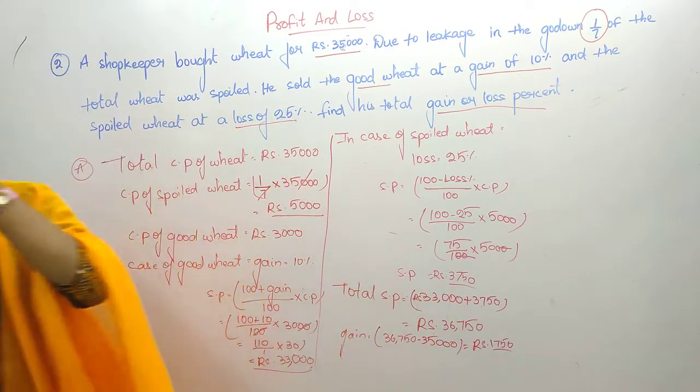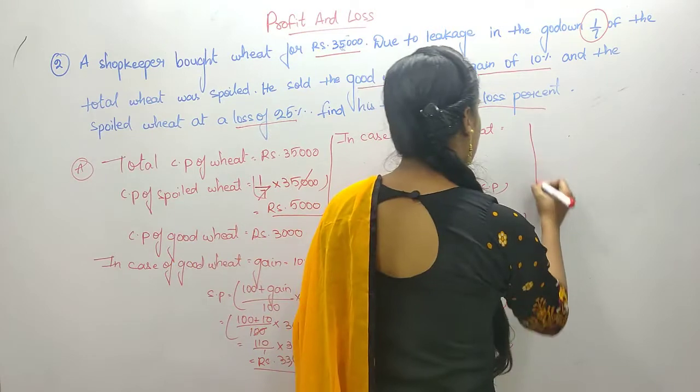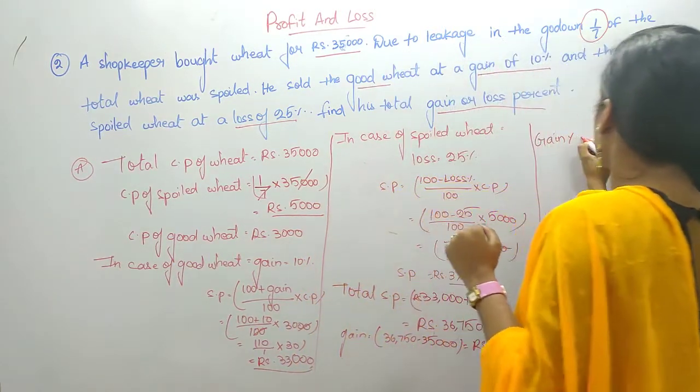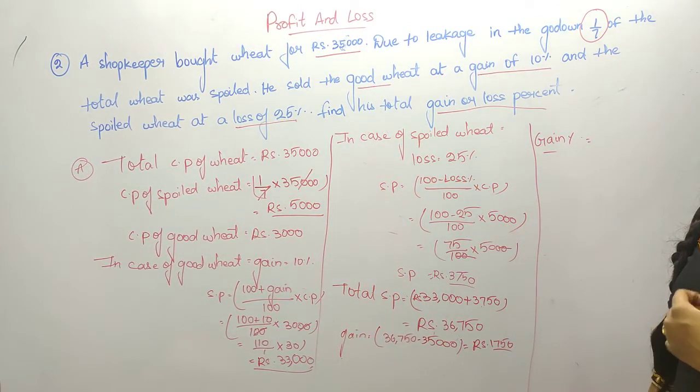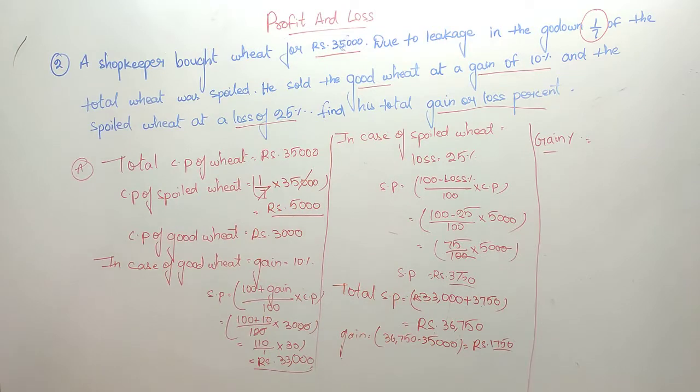Now we have to find the gain percent. In the previous class I gave the formulas to you. The gain percent formula is gain into 100 by CP.